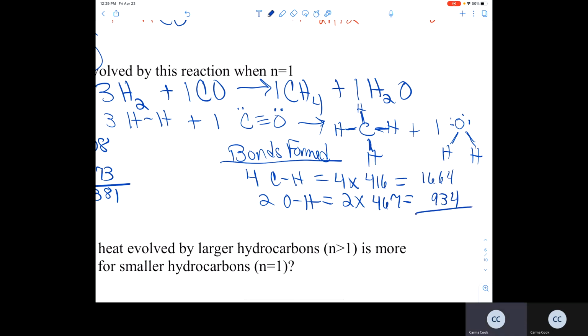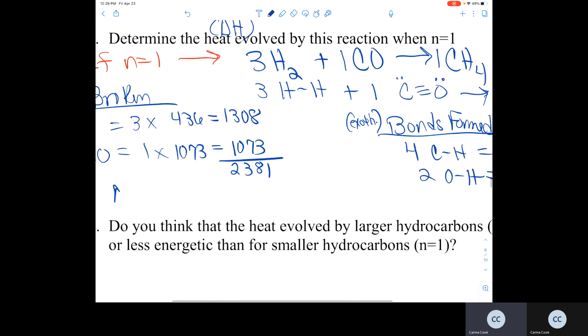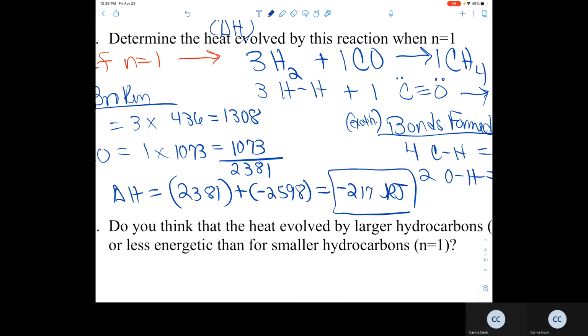Adding these together, we get 2,598, and bonds formed is exothermic, so we put a negative sign. So now our delta H is 2381 plus a negative 2598, which gives us a negative 217. So the overall reaction is exothermic.